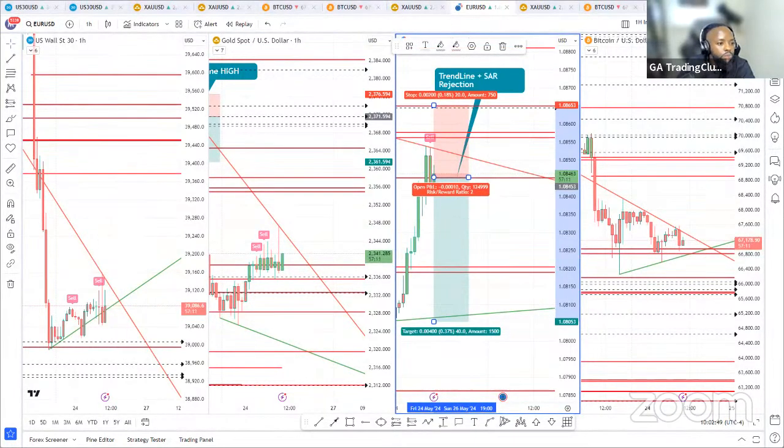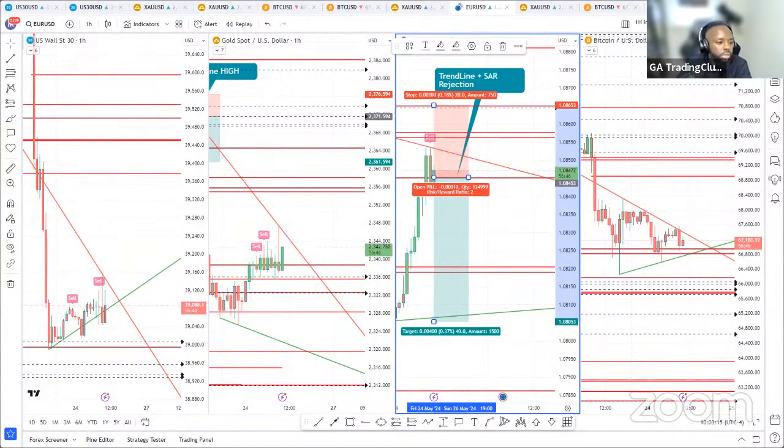However, let's see the structure of price.